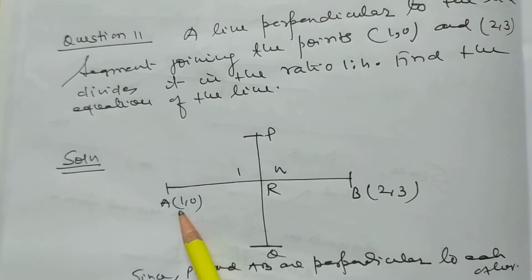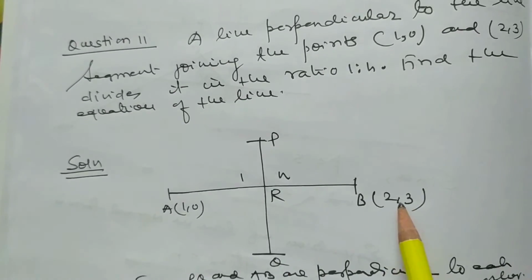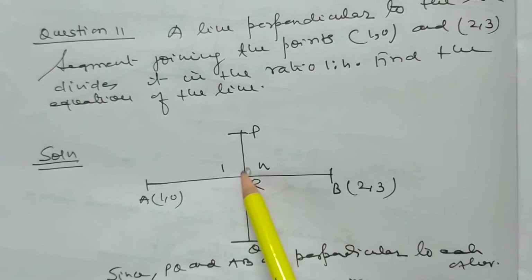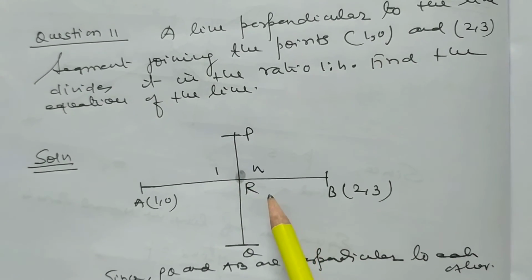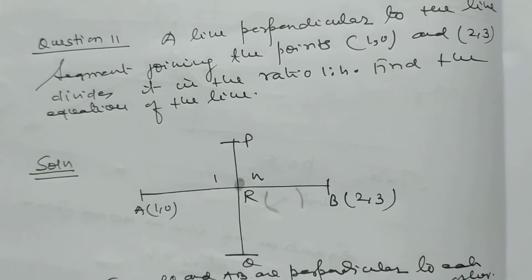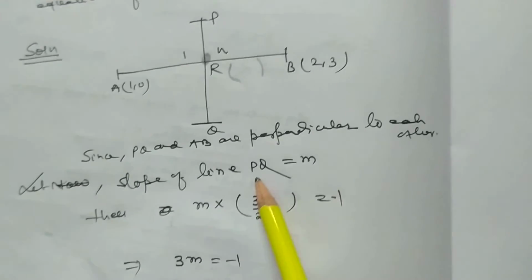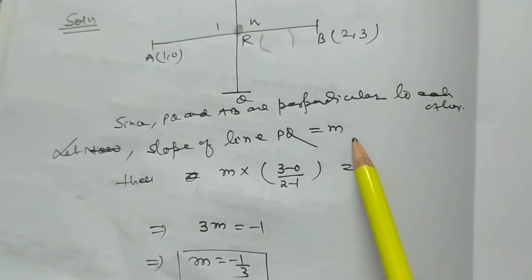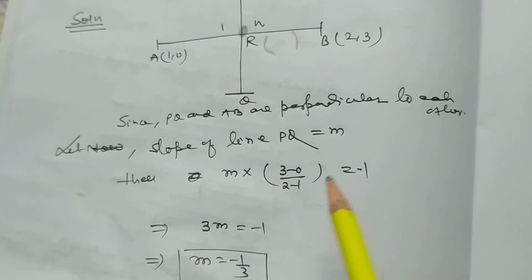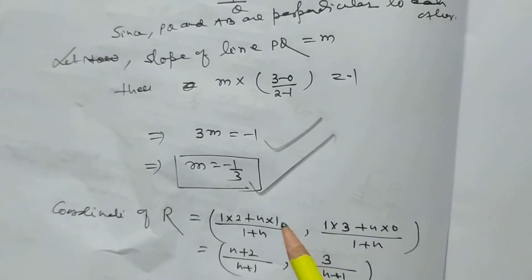So we get the slope of AB by obtaining the slope of PQ, and by the section formula we get the coordinates of R in terms of n. Since PQ and AB are perpendicular to each other, let the slope of line AB be m. Then m into (3 minus 0) by (2 minus 1) is equal to minus 1. 3m is equal to minus 1. m is equal to minus 1 by 3.